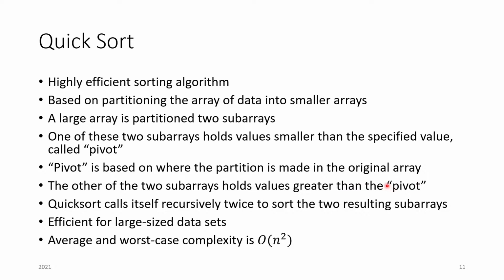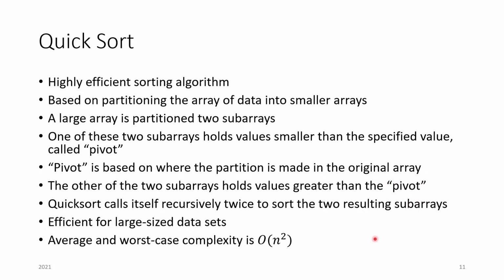Quick sort is a little bit different from merge sort because yes, it does break the array into two subarrays, using this pivot value to know where to break the array accordingly. But at the same time, the left-hand side and the right-hand side do not have to be equal in length, depending on the value of pivot that is used.